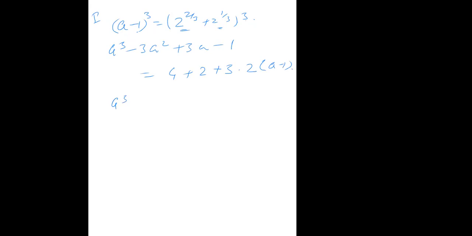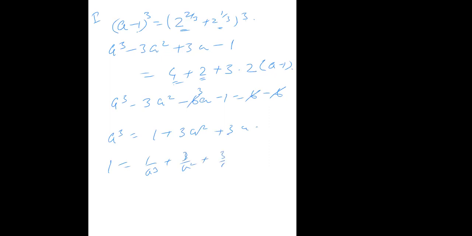So this is a cube minus 3a square minus 6a minus 1 is equal to 4 plus 2, 6 minus 6a. So I'm getting a cube is equal to 1 plus 3a square plus 3a. Dividing by a cube, I get 1 by a cube plus 3 by a square plus 3 by a, so you are getting 1, something like this. This is the first method. Very good, Vaishnavi, right?